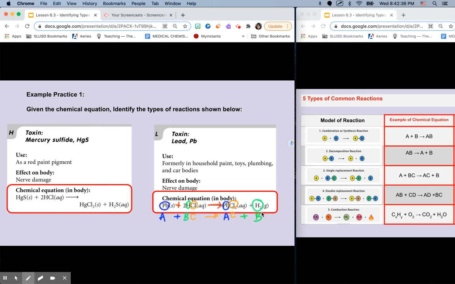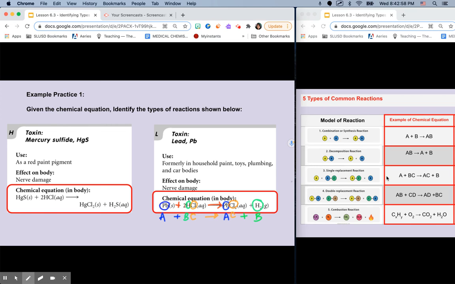Right. So a couple of general tips as I'm doing this. If I see a plus sign before and after the arrow, I'm either looking at a single replacement, double replacement, or a combustion. If I see one element by itself, I'm probably looking at a single replacement.